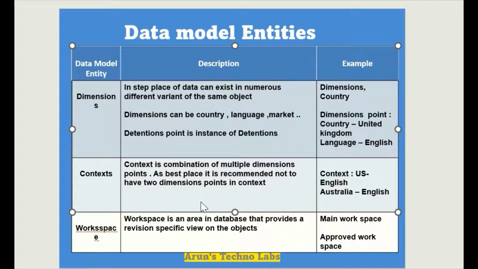We can use it as a common attribute for country specific data, like a list of all countries, and context as well. So the dimension point here is country, so it's India and Australia. The dimension point is a country.